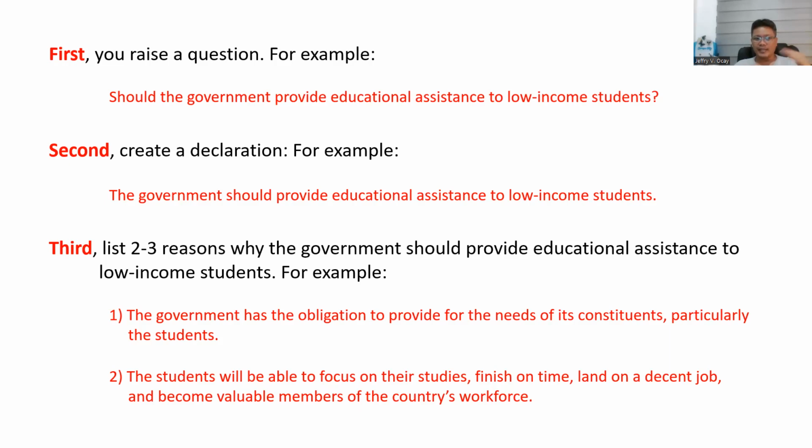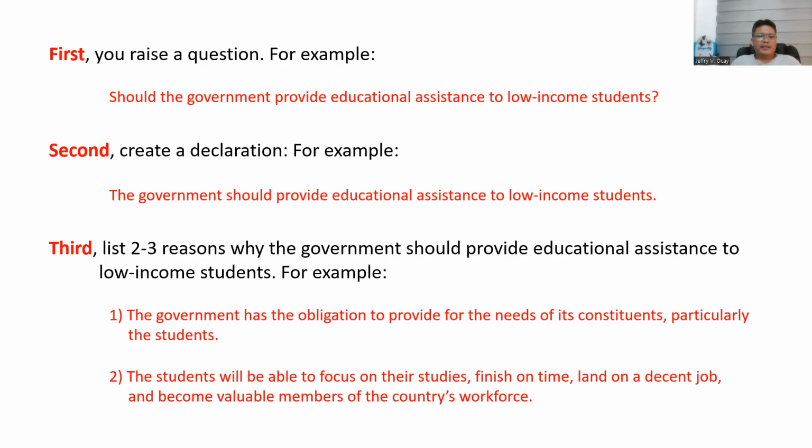And then in the third step, you list two to three reasons why the government should provide educational assistance to low-income students. For example, the first reason is, the government has the obligation to provide for the needs of its constituents, most especially the students.